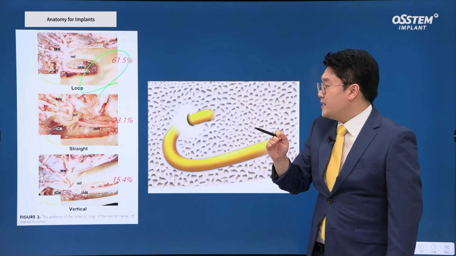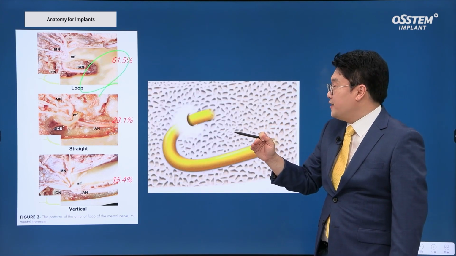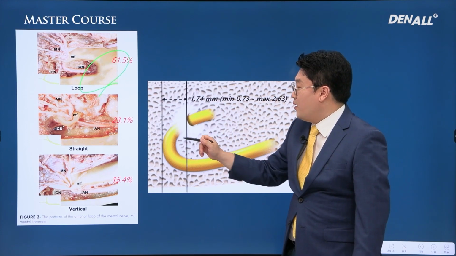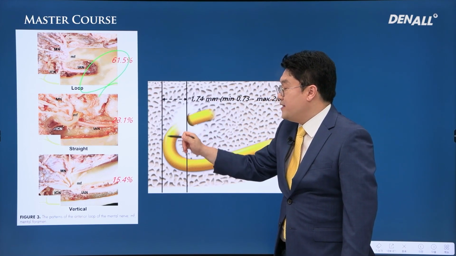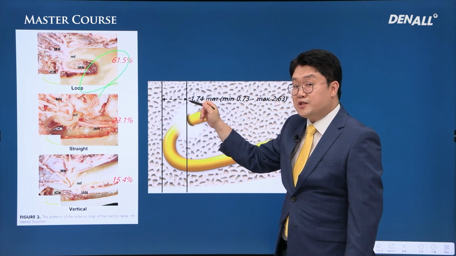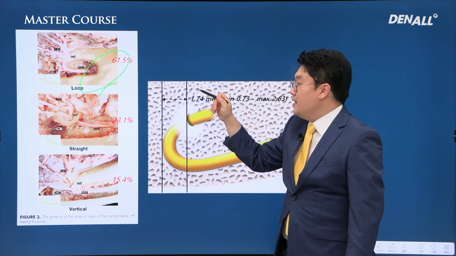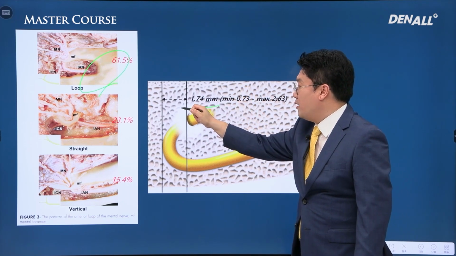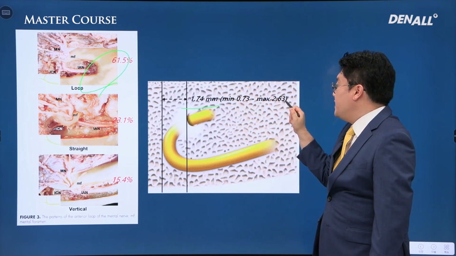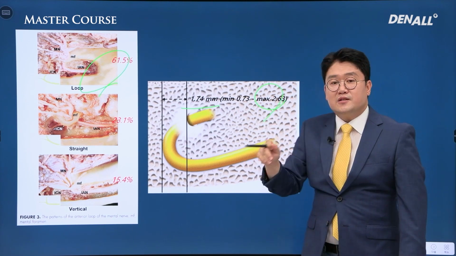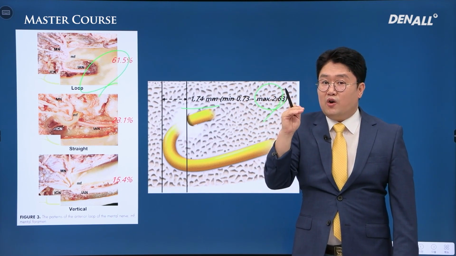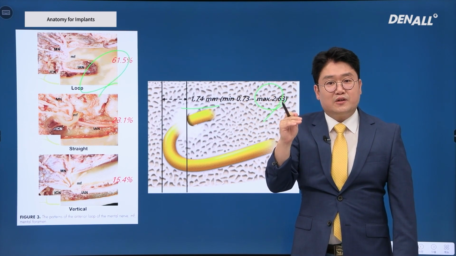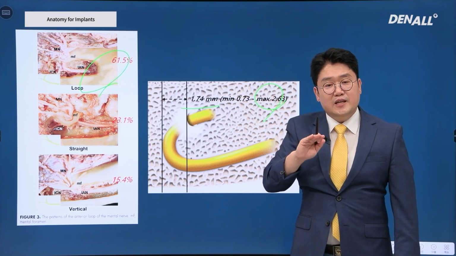In placing an implant from the mental foramen's anterior border, there needs to be a safety distance in consideration of the anterior loop. According to this study, the average is 1.74 and the maximum value was 2.63. Therefore, in this case, how much safety distance do we need? The recommendation of this study is 3 millimeters.